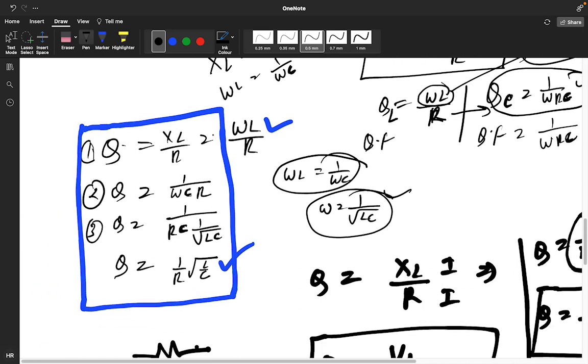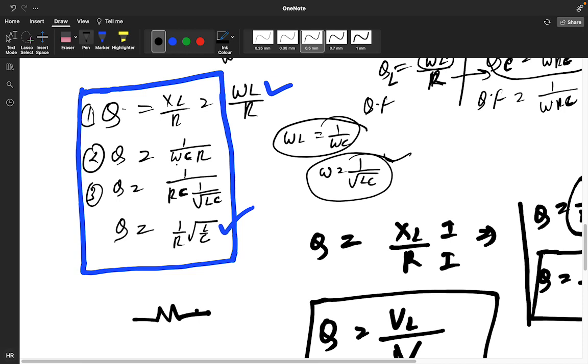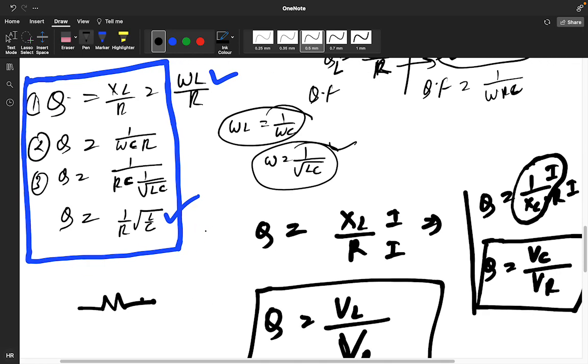So quality factor formulas are XL by R, that is omega L by R, and 1 by omega CR, and we know the omega value is 1 by root under LC, because the quality factor is happening at the resonant frequency only. So 1 by R root under L by C we will also get.